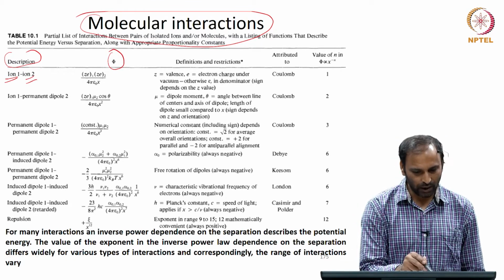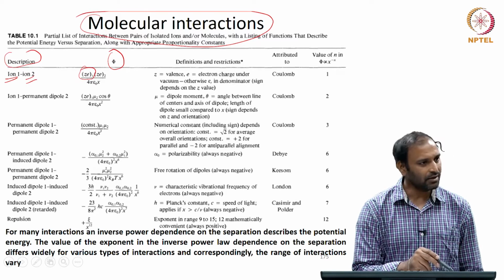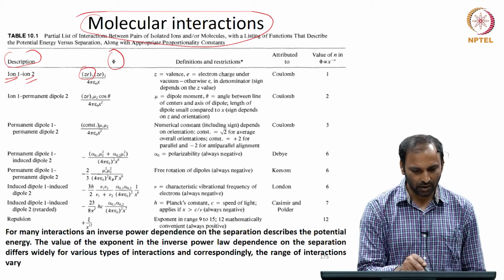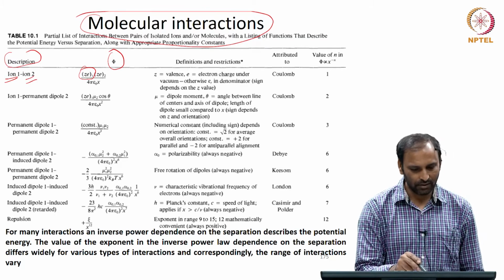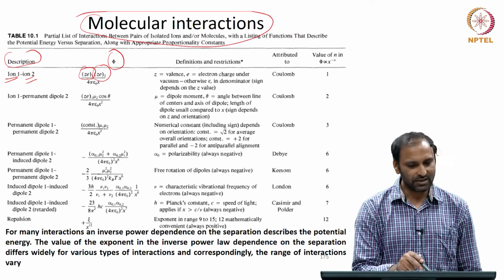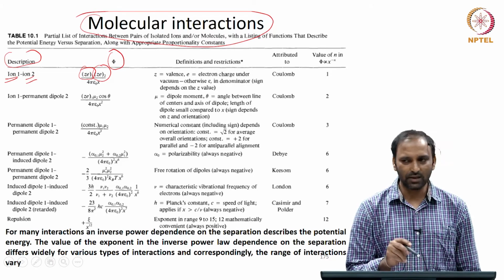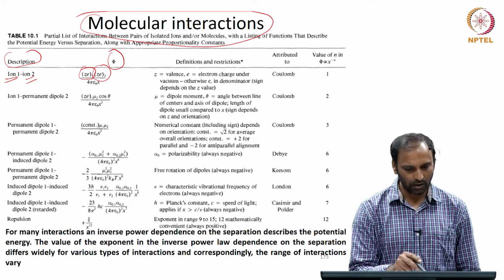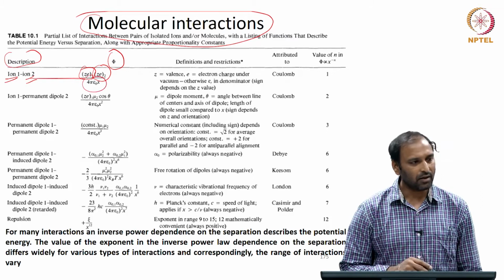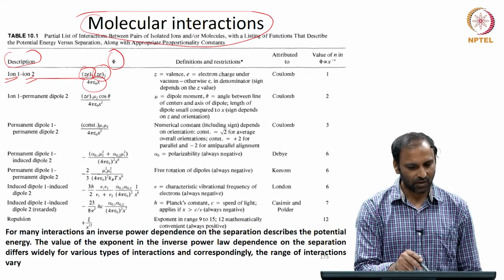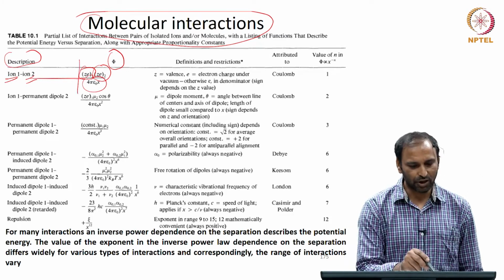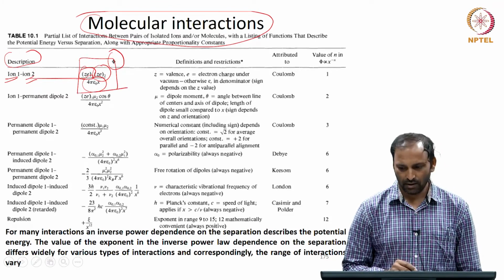Ion 1 has charge Z1e, the valency multiplied by the charge on the electron, similarly Z2e for the second one, divided by 4 pi epsilon naught x. That is the interaction potential for two ions.